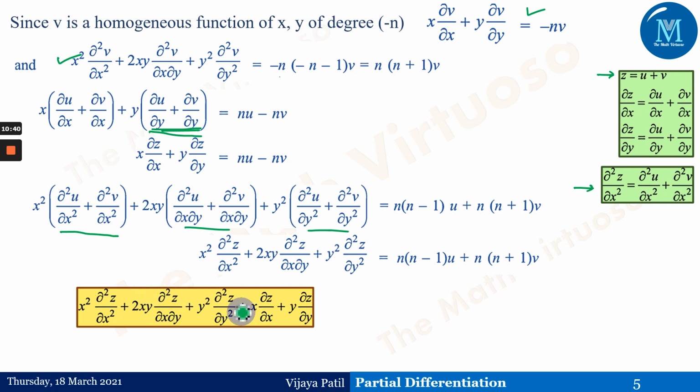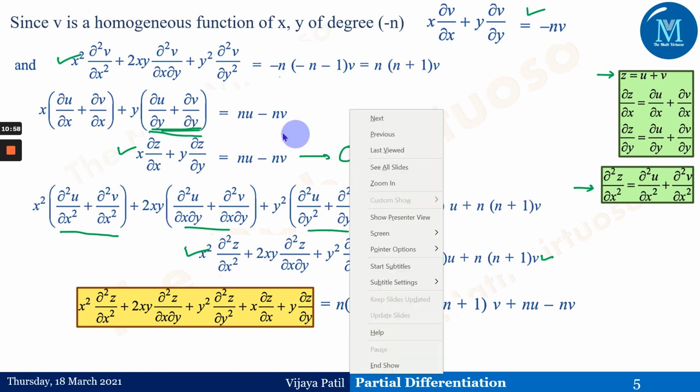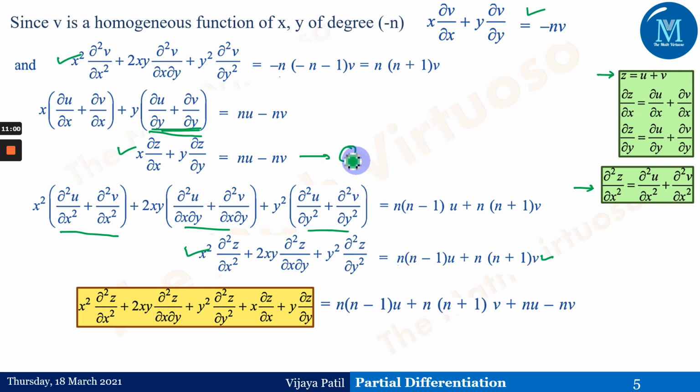Now we have to find the value for this, that means we have to add them up. So we'll be adding this particular equation as well as this particular equation. Suppose this is the first equation and this is the second equation.